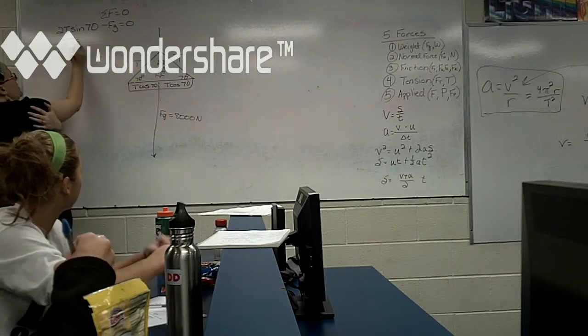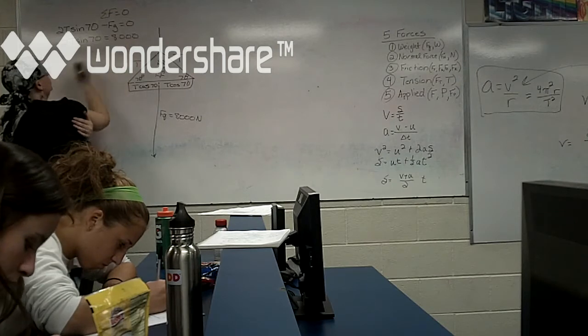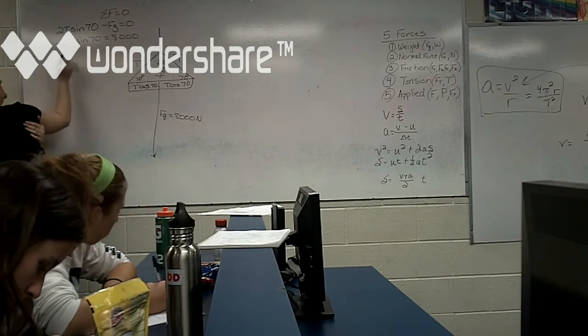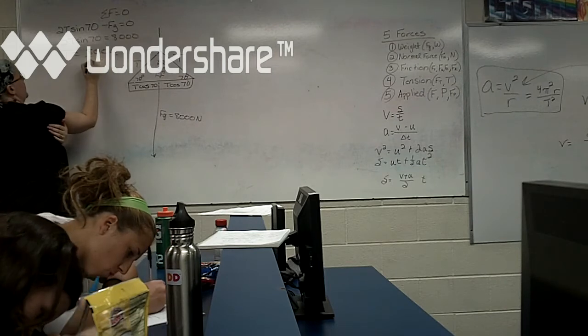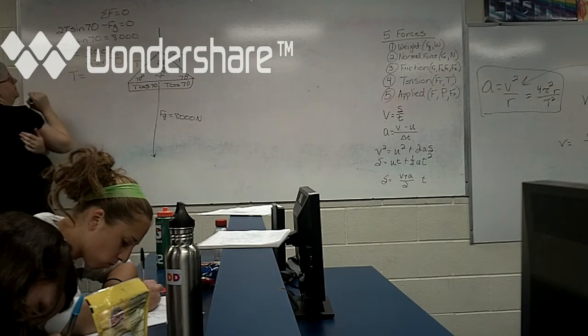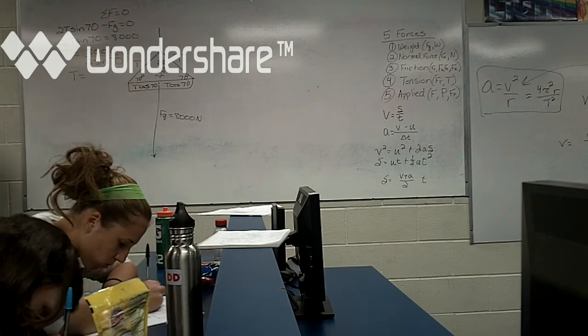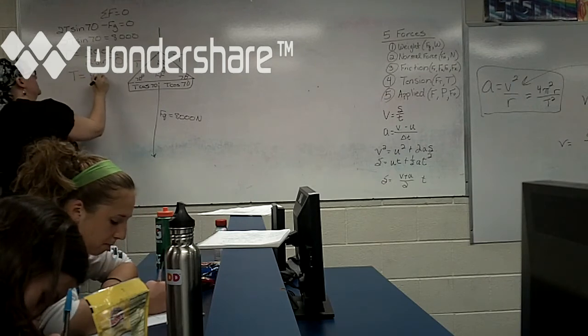So 2T sine of 70 is equal to 8,000. So T would be 8,000 divided by 2 sine of 70, which is about 4,260 newtons. Cool.